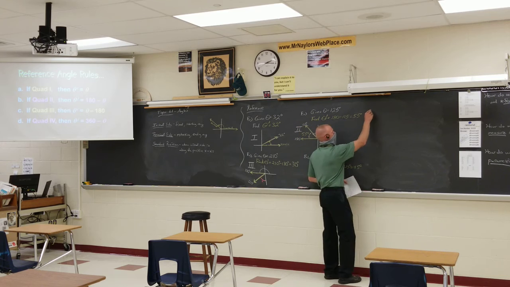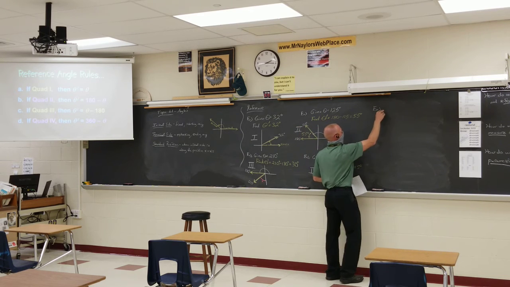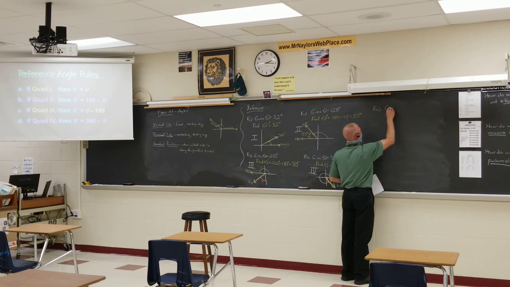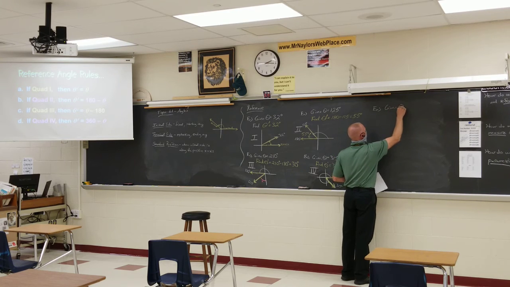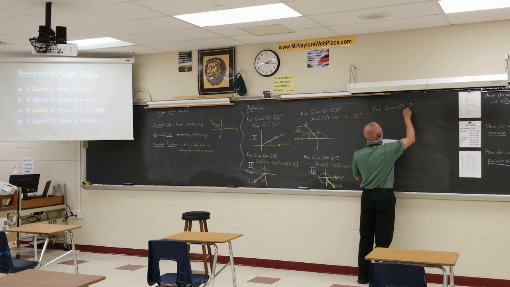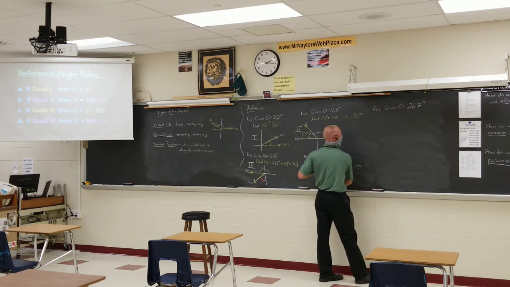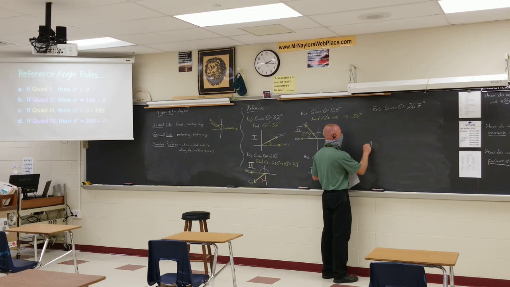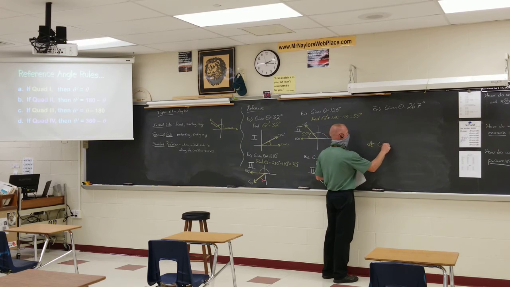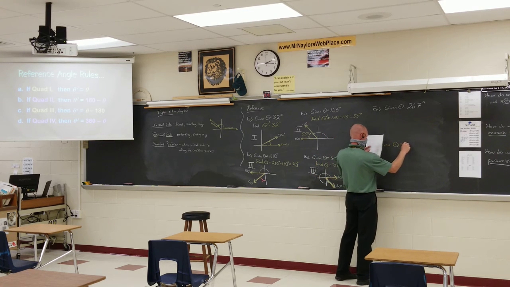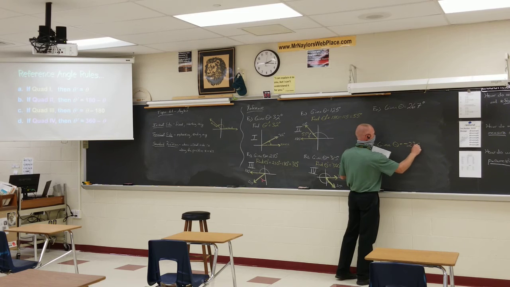For our closing problems here, you want to try to work this out for 267. And then as time permits, I wonder if you could work this out for negative 230.